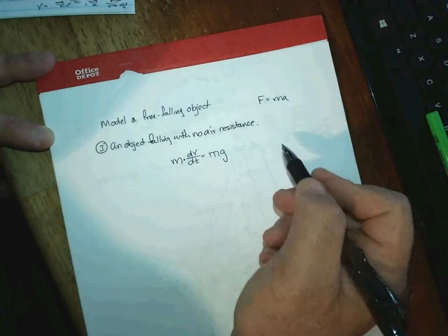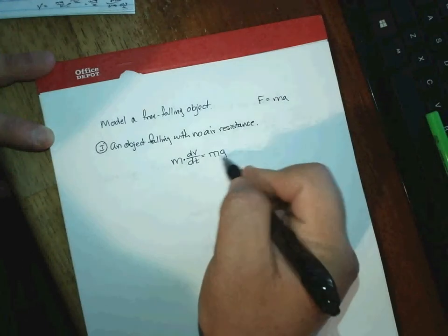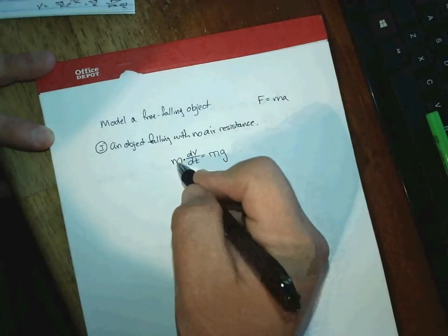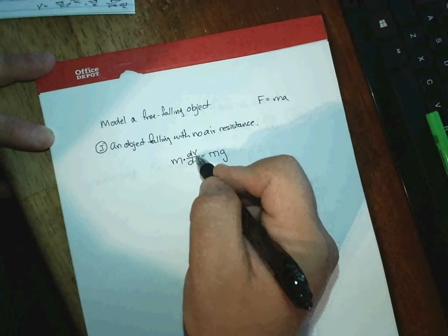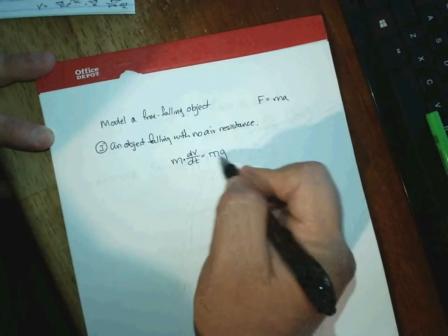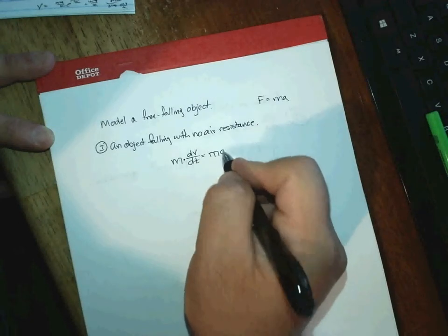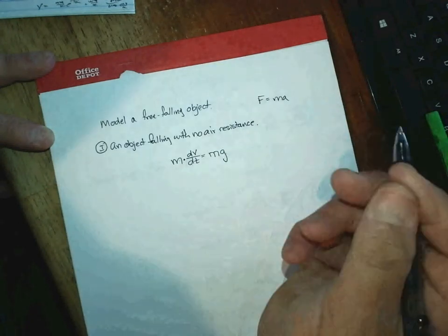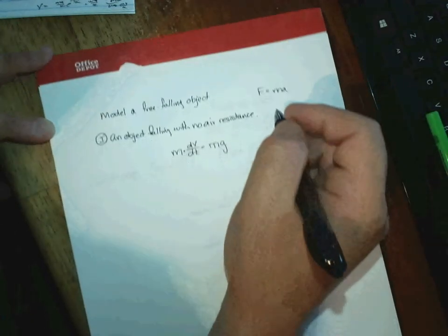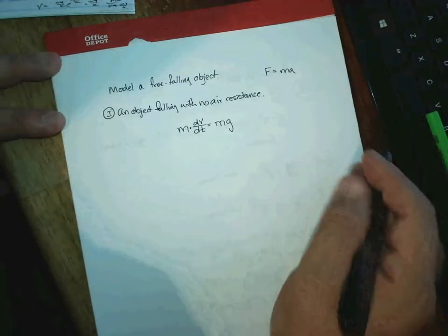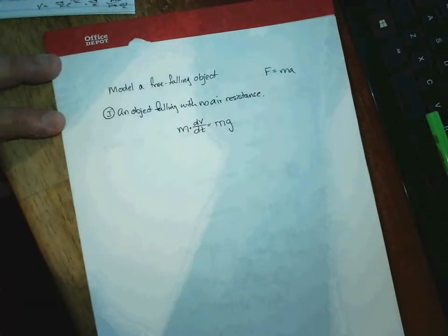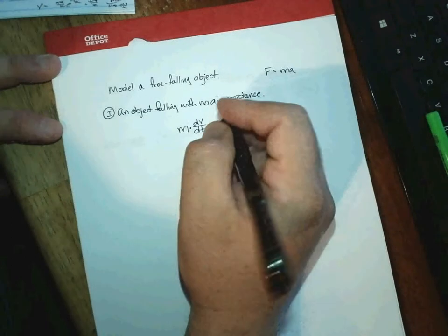The force on the object is simply that of the force of gravity, no force due to air resistance. This may be a bit of an artificial case, but it's a good first step in learning about this.